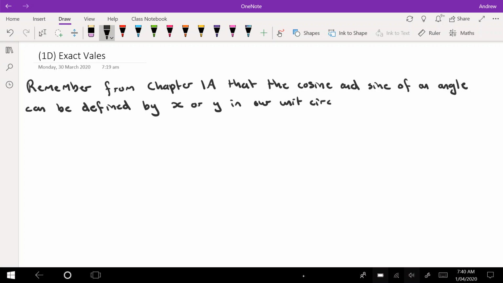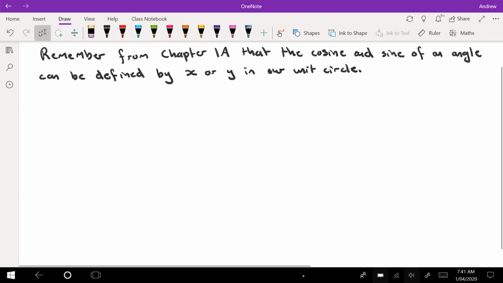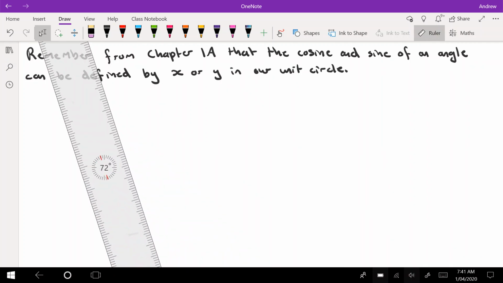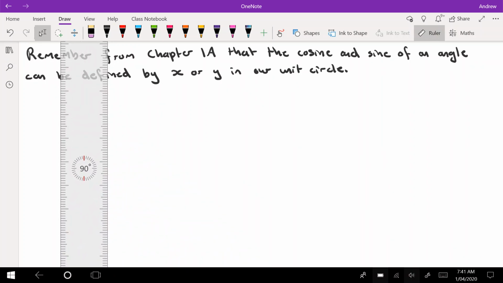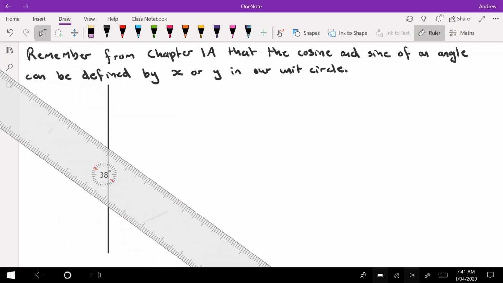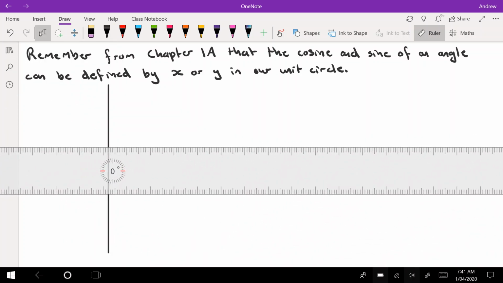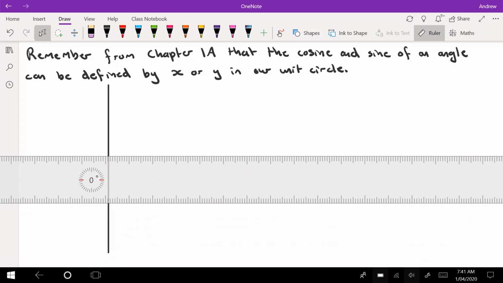So the unit circle is a circle of radius 1 that is centered at the origin. And so we can find the sine of the angle and the cosine of the angle, whether we have the value of x and y. So let me draw a bit of a diagram just so we remind ourselves. We have a vertical axis and a horizontal axis.